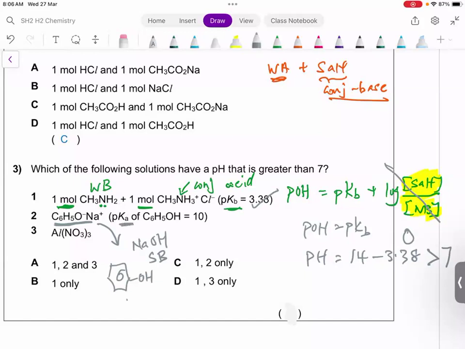So being a weak acid with a strong base, what kind of salt do you have? Yeah, a basic salt. So if it's a basic salt, you will expect pH larger than 7. All right, so therefore option number 2 is also correct. No need to calculate, because you cannot calculate this. There's not enough information for you to calculate.